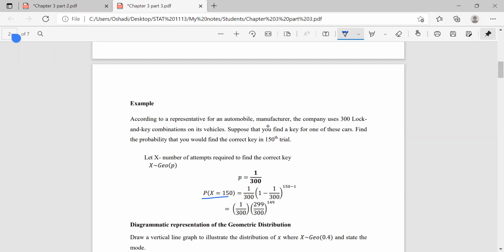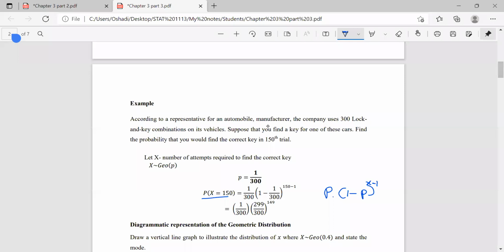So it is P into (1 minus P) to the power X minus 1.